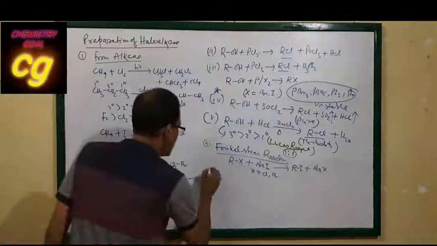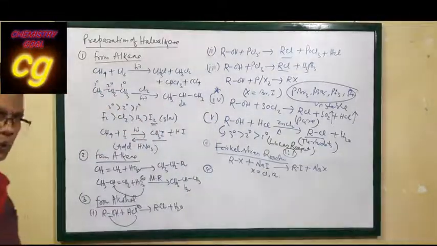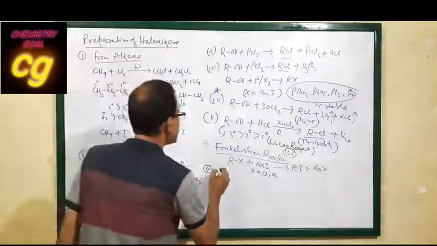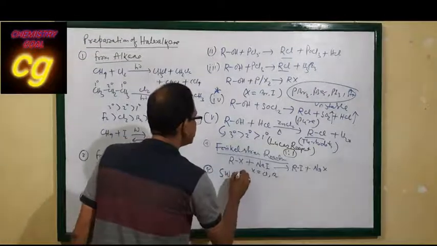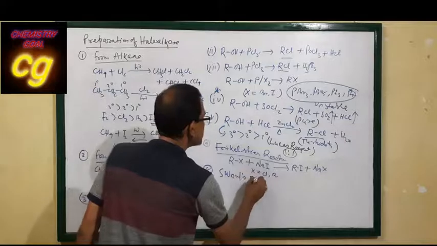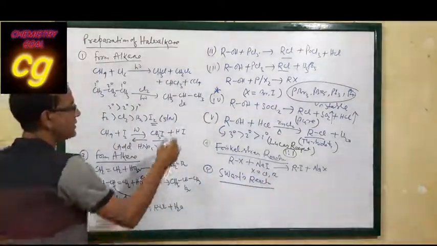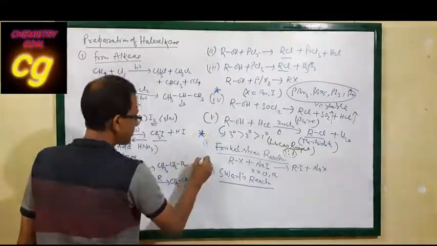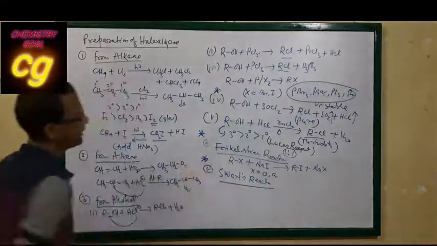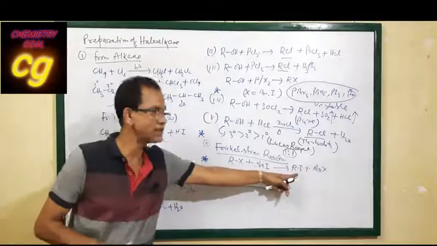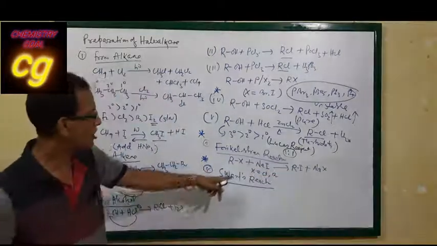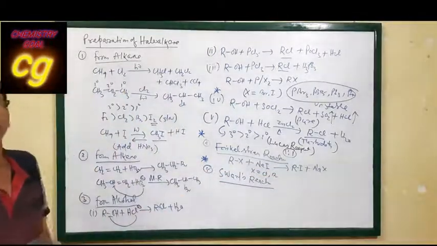Similarly, you can prepare fluoroalkane, that is called the Swarts reaction. These are two very important reactions, so give a star mark. Finkelstein reaction is the preparation of iodoalkane. Swarts reaction is the preparation of fluoroalkane.